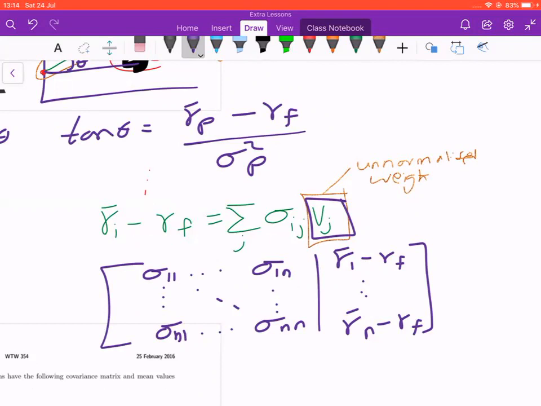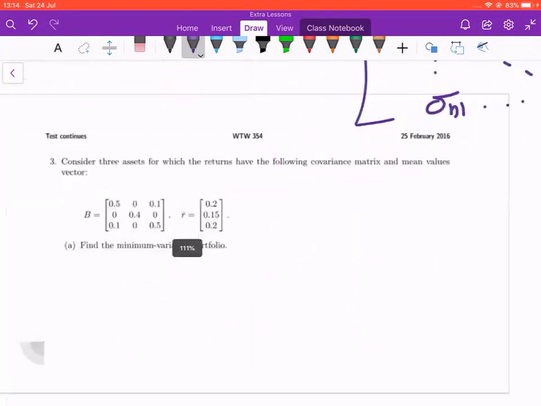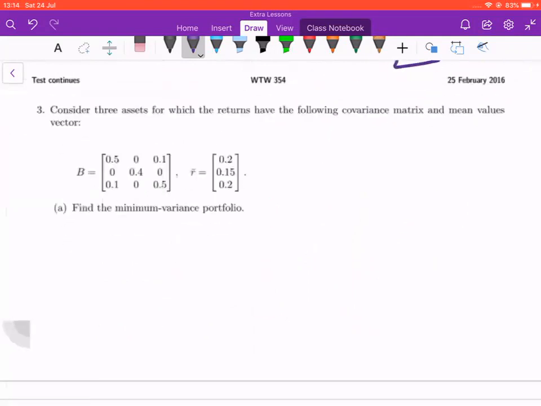So any questions at the moment? Okay, no question. So here's an example. It says find the minimum variance portfolio.